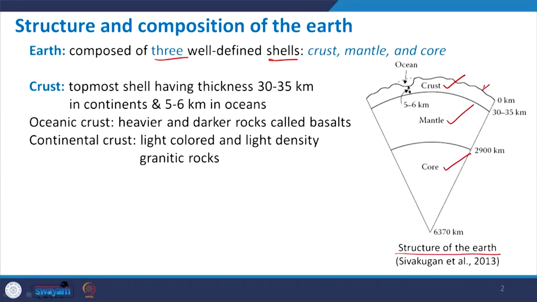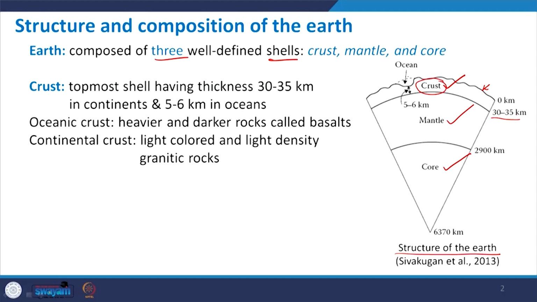So coming to the first one, from the surface of the earth, the first one which is encountered is the crust. This crust shell is the topmost one and it has a thickness of 30 to 35 kilometers.